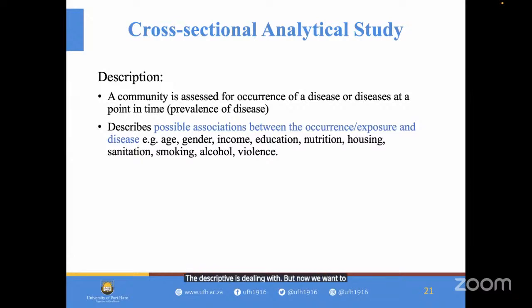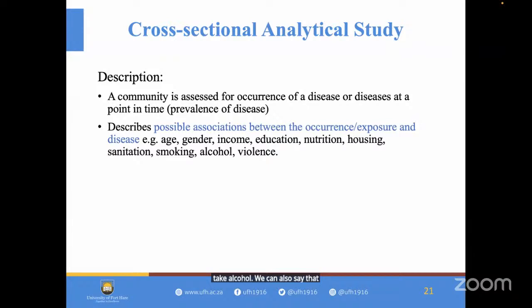But now we want to be sure of what is associated with the occurrence of obesity. In the example I've given, the best bet to look at is nutrition. So is it nutritional imbalances, or is it too much alcohol intake and the likes? So we can then say that the risk of obesity is 2 times higher among those who consume a lot of alcohol compared to those who don't take alcohol.